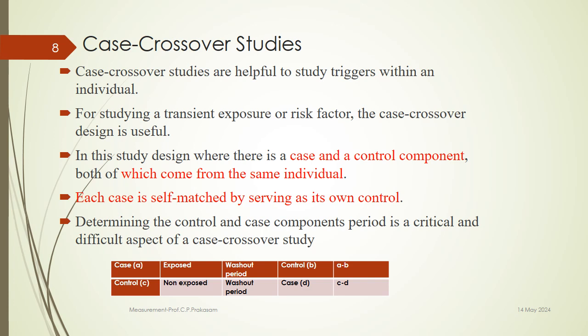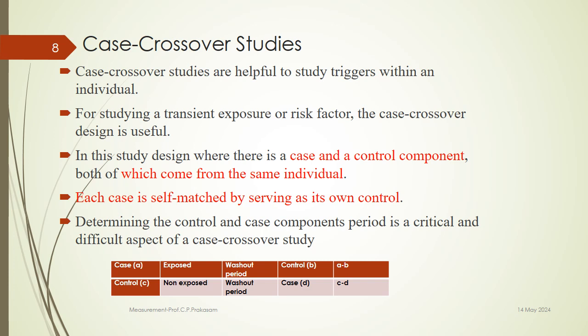Another one is the case crossover study. The case crossover study helps you study a change of the disease in the individual. This is done for studying the transient exposure or the risk factor over a period in the individuals.